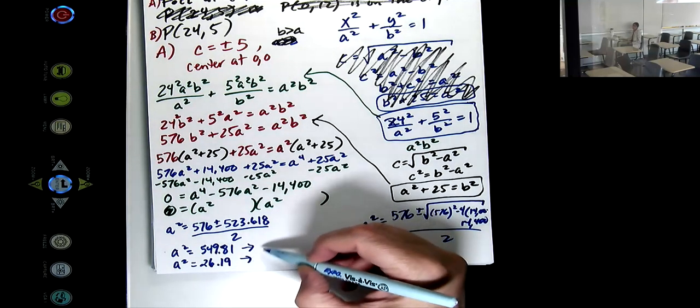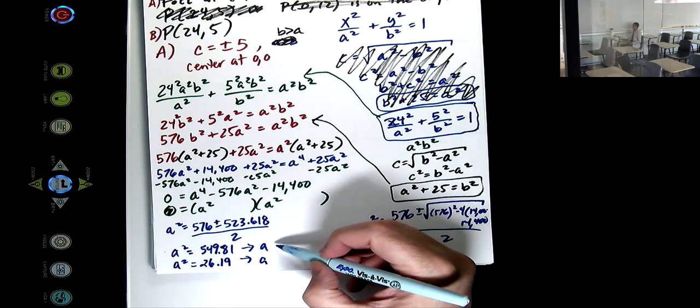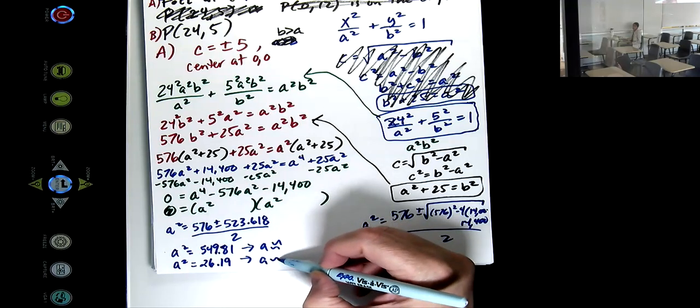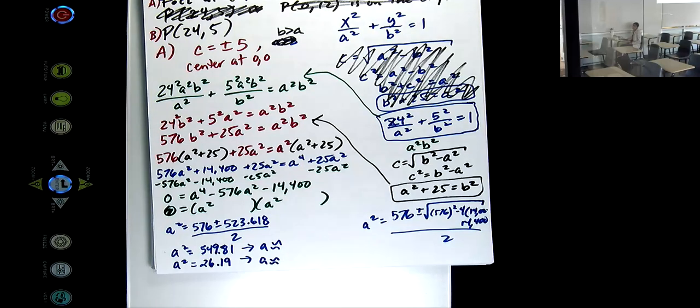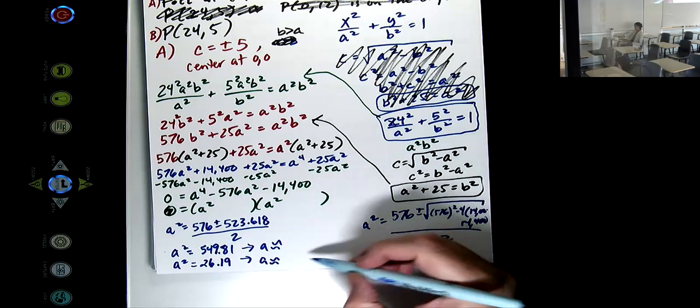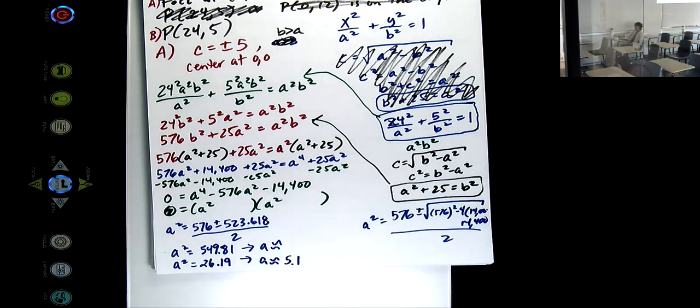So if I take the square roots of these, one of these is going to be viable and make sense, and the other one is not, based on the foci. Square root of that. This one's about 5.1.